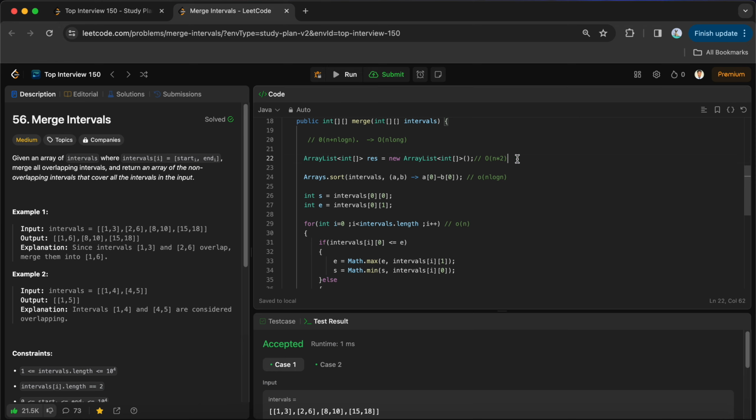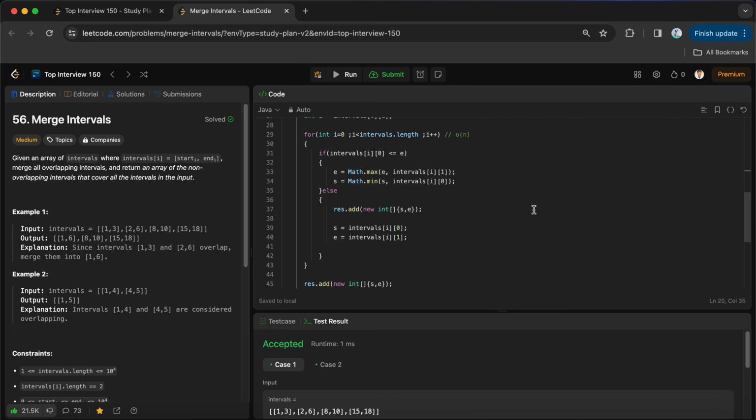Basically, space complexity we can simplify to big O of n. So it is a big O of n log n time complexity, and big O of n space complexity solution.